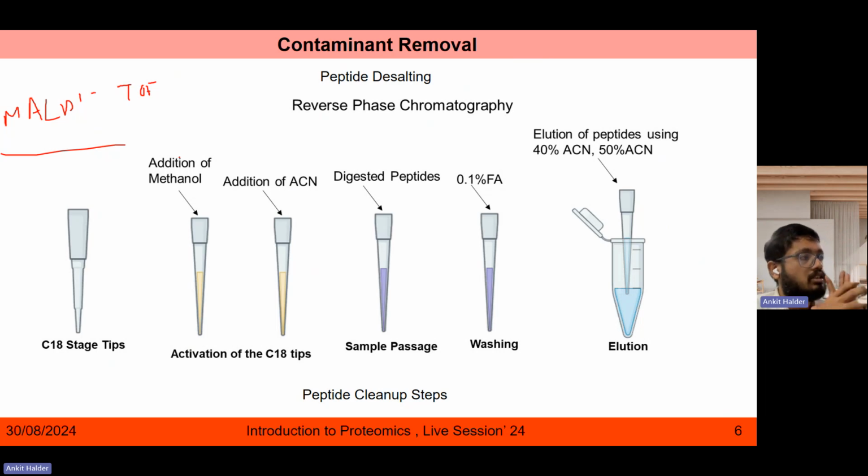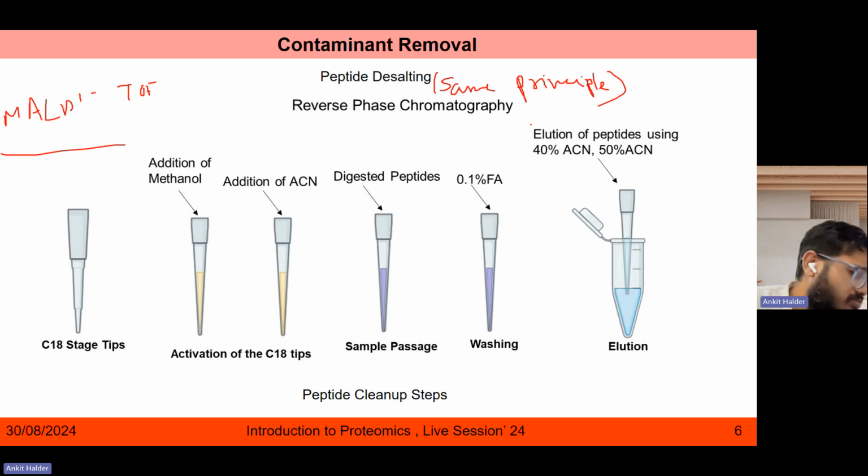The peptide desalting follows the same principle of what we get in the column, where the solution comes out, which we had talked about and depicted with the gradient.